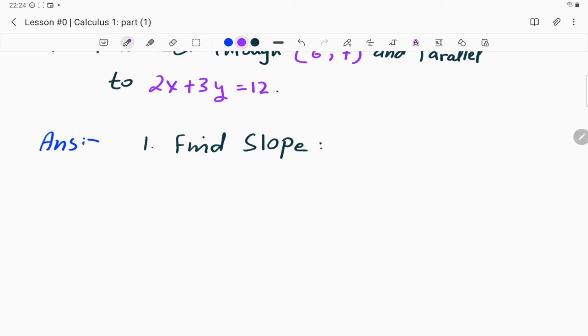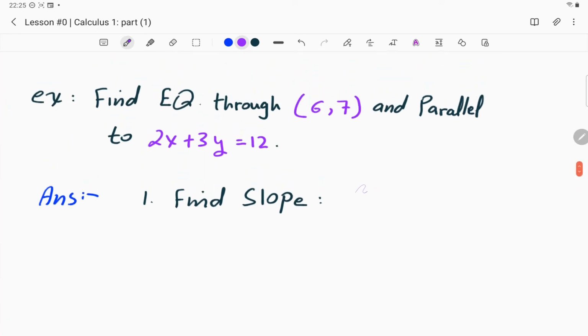Let's write this down. The equation is 2x plus 3y equals 12. Now let's solve for what? We solve for y, okay?